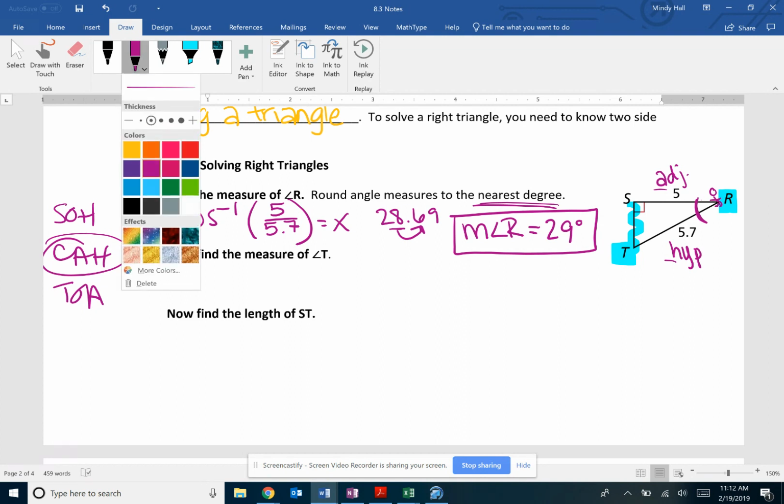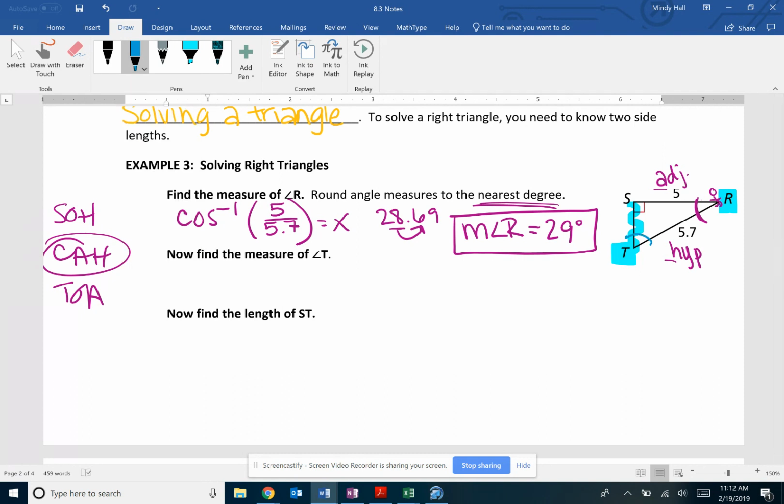Okay, so now if I go to find the measure of angle T, now I'm over here. Well, now 5 is my opposite side and my hypotenuse. So because we're looking for opposite over hypotenuse, that would be sine. But again, we're looking for an angle measure, so because we need the angle measure, we know we need inverse.